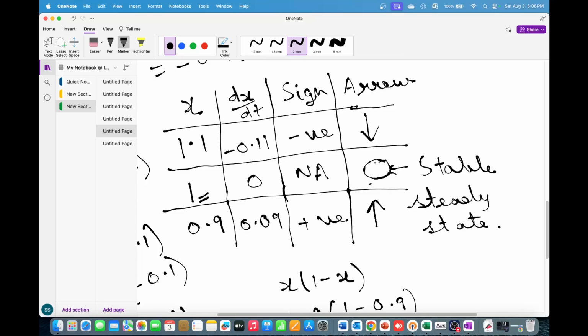So basically, if you pull the system in any direction from that steady state, it will come back to that steady state. It will have at least the tendency to come back, and that is what we call a stable steady state.